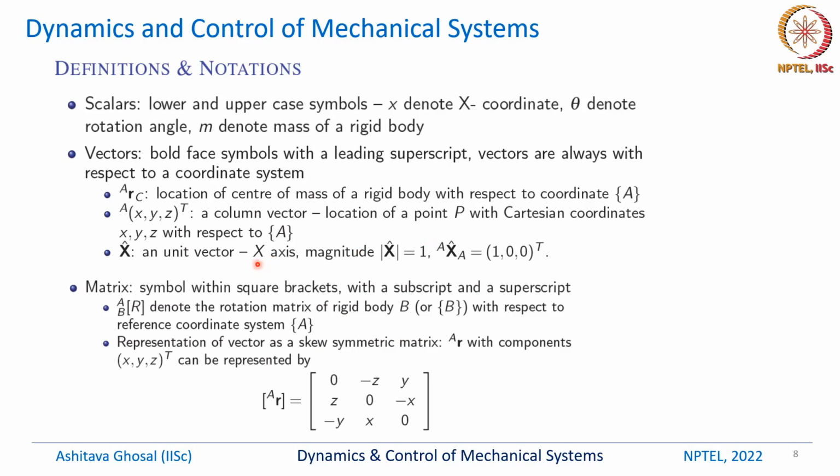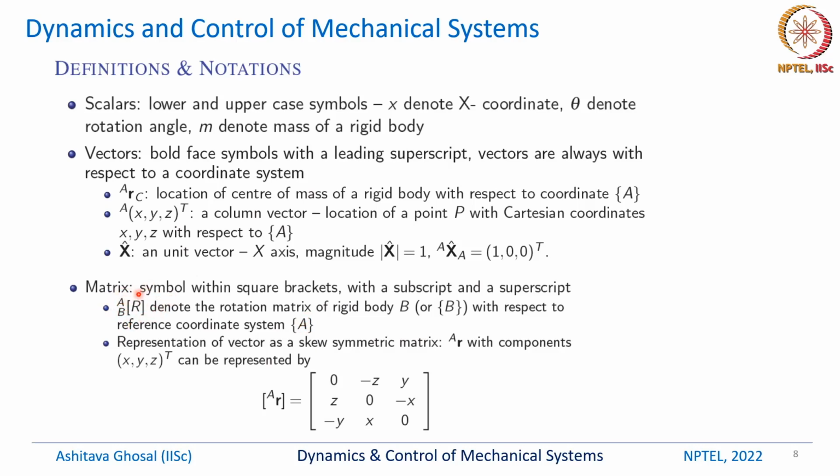A matrix is a symbol within square brackets, with a superscript and a subscript. So for example, A_B R denotes the rotation matrix of a rigid body B, or a coordinate system B, with respect to a reference coordinate system A. In any rotation matrix, the superscript denotes the reference coordinate system.